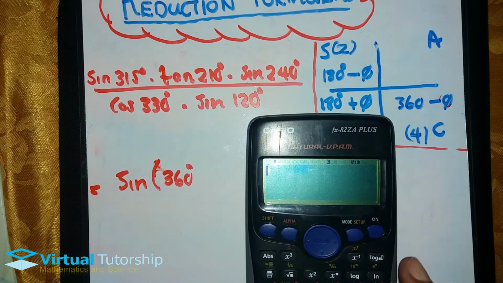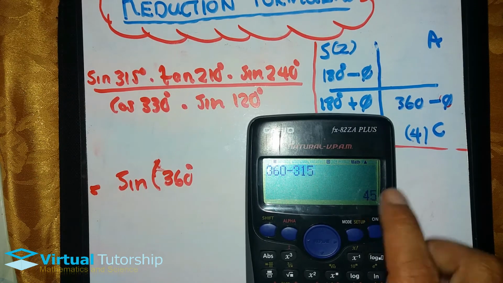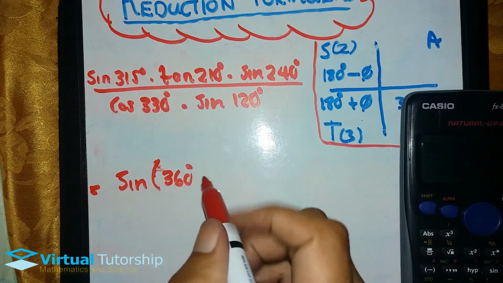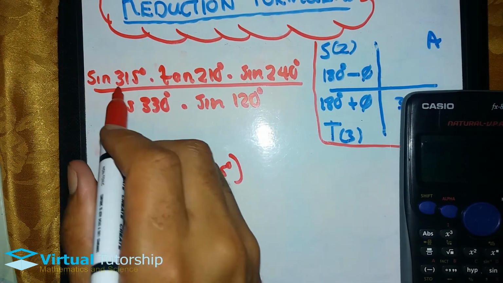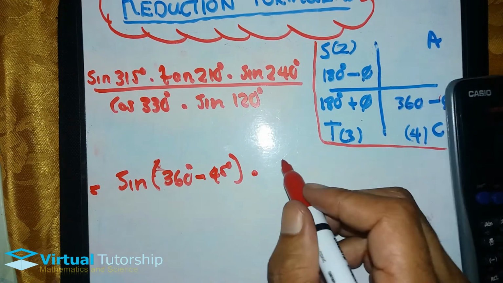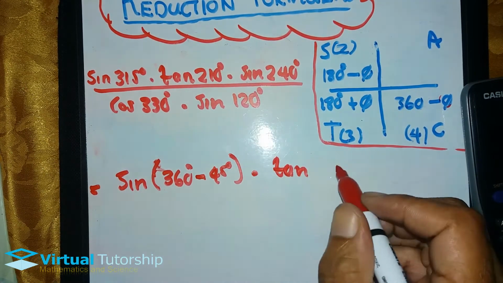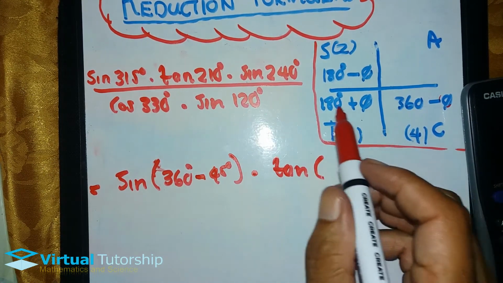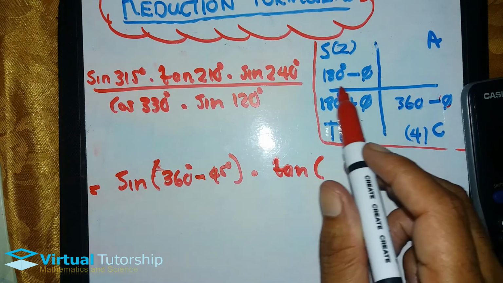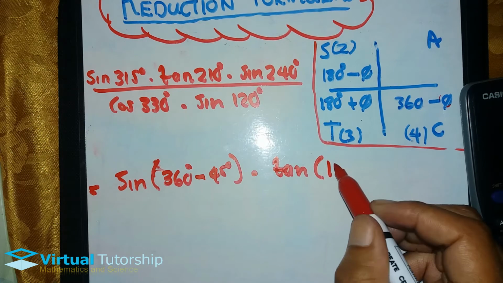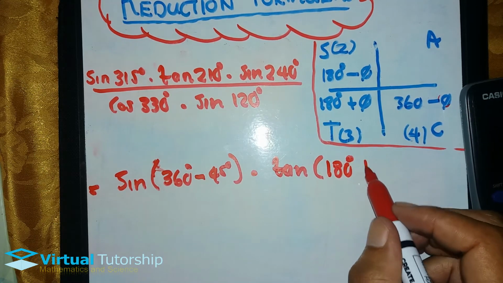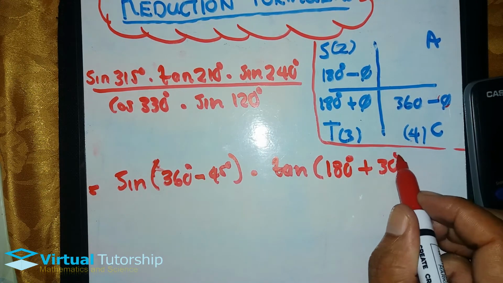Uvele uthi 360 minus 315 is equal to 45. So nangizo minus ngo 45 degrees la ngizothola this 315. So the tan 210 is closer to 180 degrees plus, né? So it's gonna be 180 plus 30 degrees.